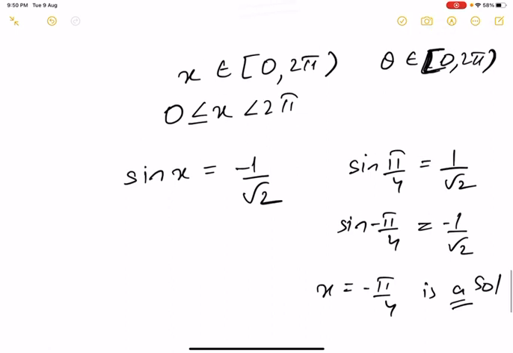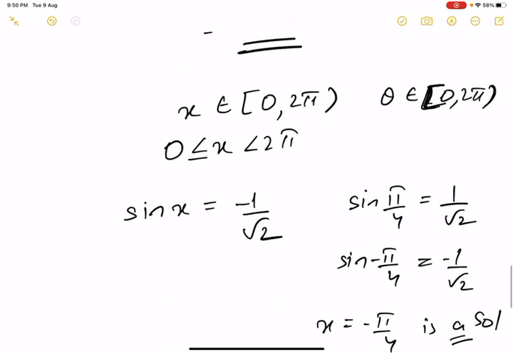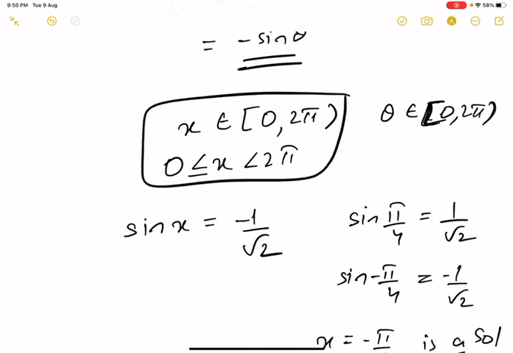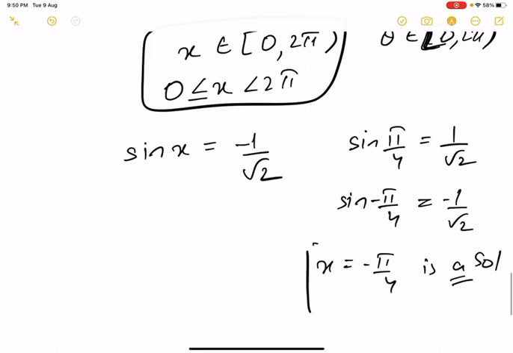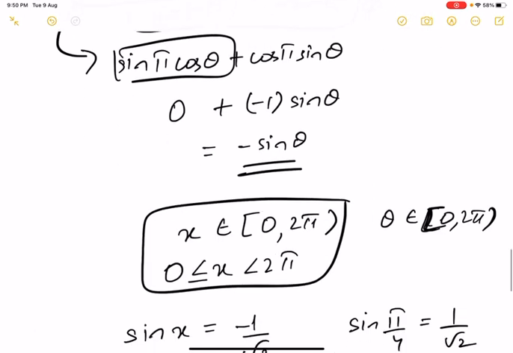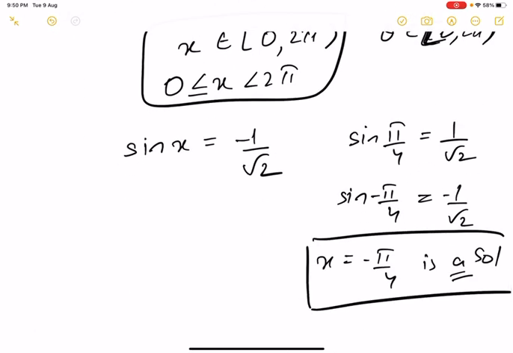Why? Because principal solution means whatever solution you are getting should satisfy being greater than or equal to 0 but less than 2 pi. So x is equal to minus pi by 4 is a solution, but it is not a principal solution. That is why I said you can't use the second method every time. What is the first method? First method is sine of pi plus theta. We know that sine of pi plus theta is negative sine of theta.